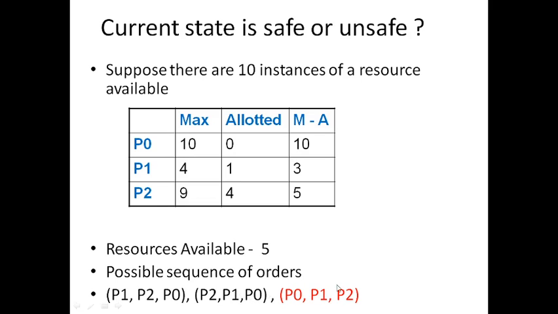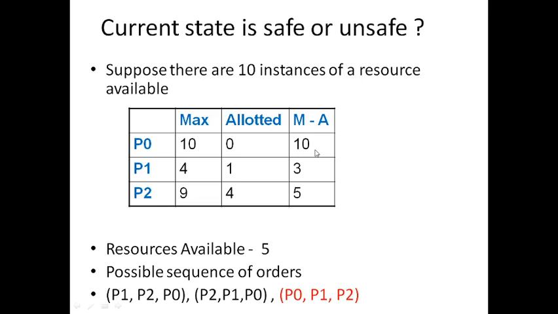But what if you try to complete P0 first? That's shown in red color because it will lead to an unsafe state, because the total demand of P0 is 10, but we only have 5. So if you give these 5 resources to P0, neither P0 will complete nor will other processes complete, because they all will be having demands.